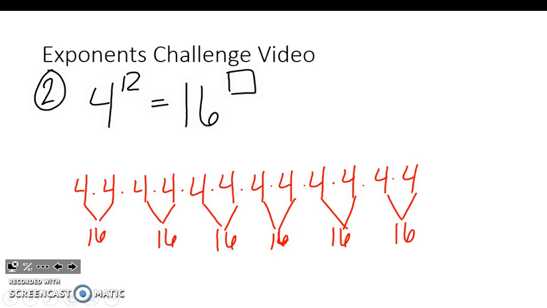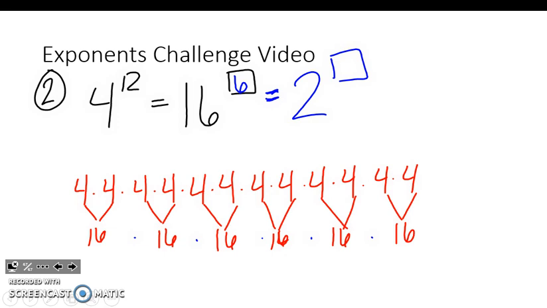So 4 to the 12th power is the same thing as 16 to the 6th power. I'm going to have you take this one step further. Could you also then tell me what that would be in terms of 2 to the what power?